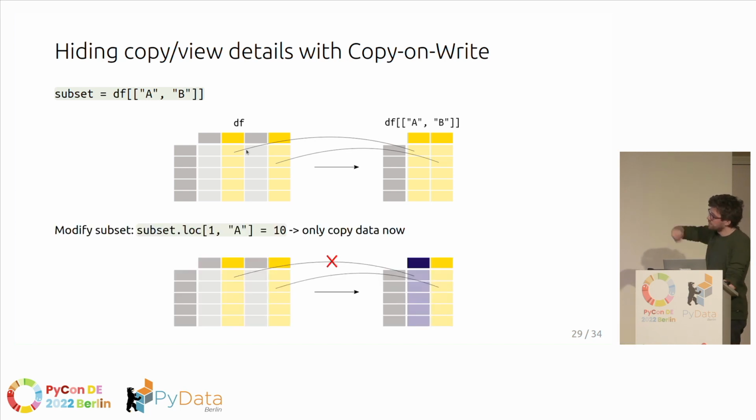If you then modify this subset, for example, here I'm updating the values in the first column of the subset, at that moment, to ensure the guarantee that we give, that it behaves as a copy, which means that if we update the subset, it wouldn't update the original one, we can cut the ties between those two data frames for this column and actually copy the data of the original column, and then mutate this copy.